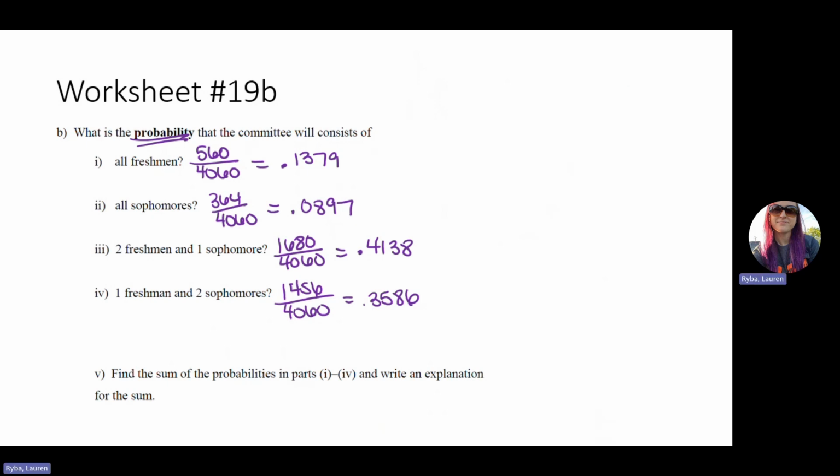So then the last part of this says, find the sum of the probabilities in all 4 of these parts. So 560 out of 4,060, 364 out of 4,060, 1,680 out of 4,060, and 1,456 out of 4,060. Now, when I add fractions, I keep the denominator the same. It's kind of like your label.